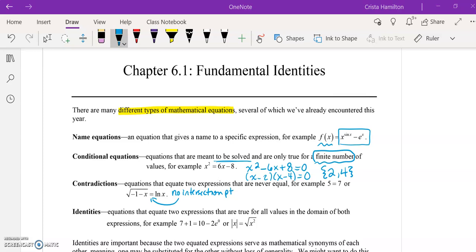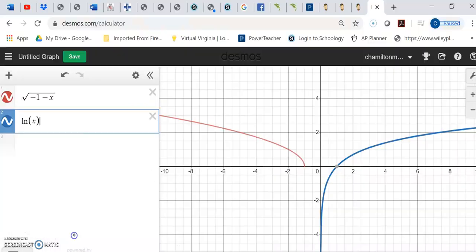For example, I already put this in Desmos. You can see here that we have our function right here. The red graph is the square root function. We had a flip and it shifted to the left. And then we had a natural log function, which we hopefully remember from our unit earlier in the year.